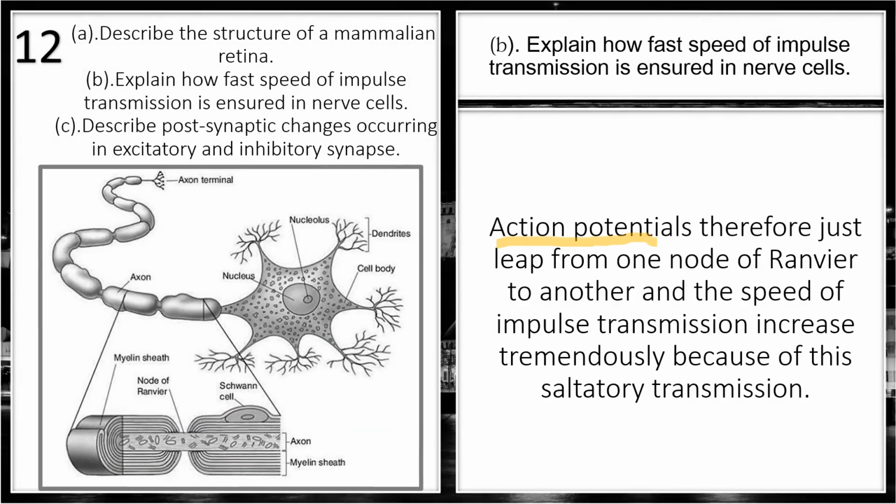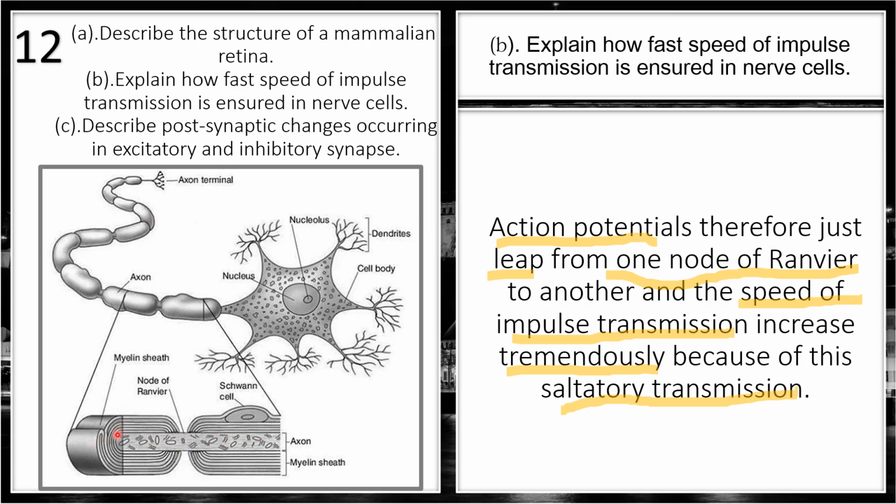The action potential, therefore, just leaps from one node of Ranvier to another, and the speed of impulse transmission increases tremendously because of the saltatory transmission. So when the impulse is generated from this side and comes through, it will not pass directly inside the axon because that would delay it.